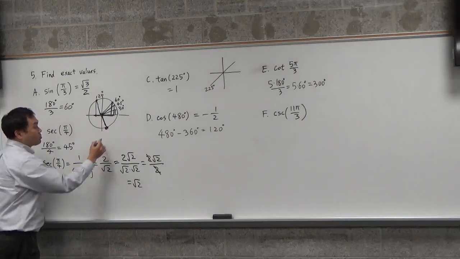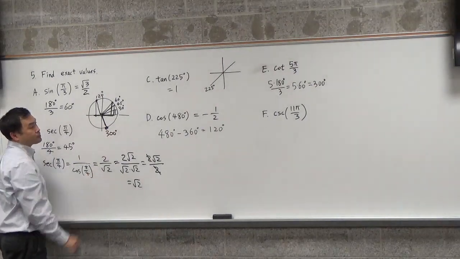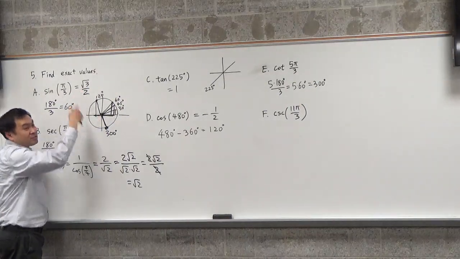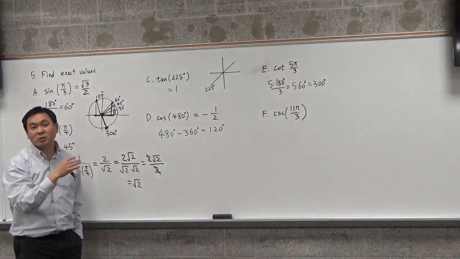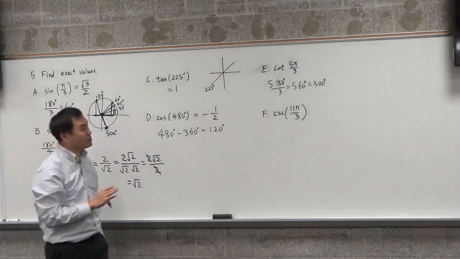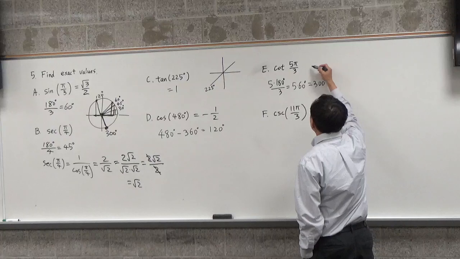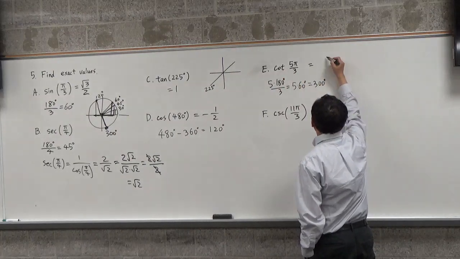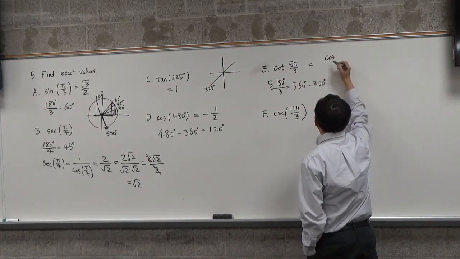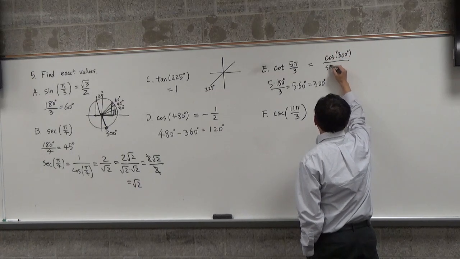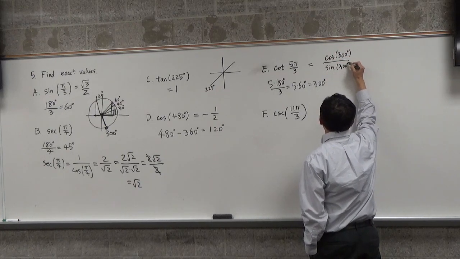Now, this line is not slope 1 or negative 1, which would be easy for the tangent or cotangent. Unfortunately, we will have to use the fact that cotangent is cosine over sine. So this value will be cosine of 300 degrees divided by sine of 300 degrees.